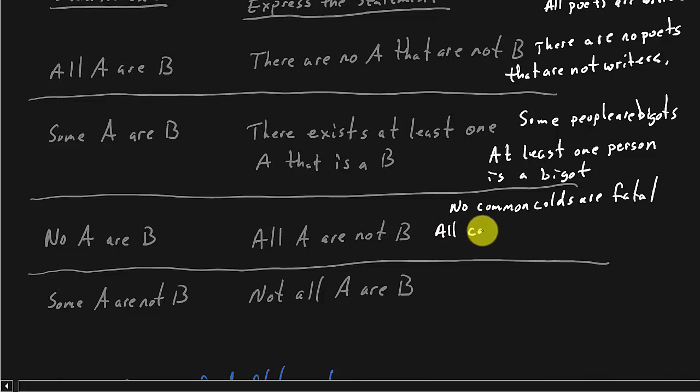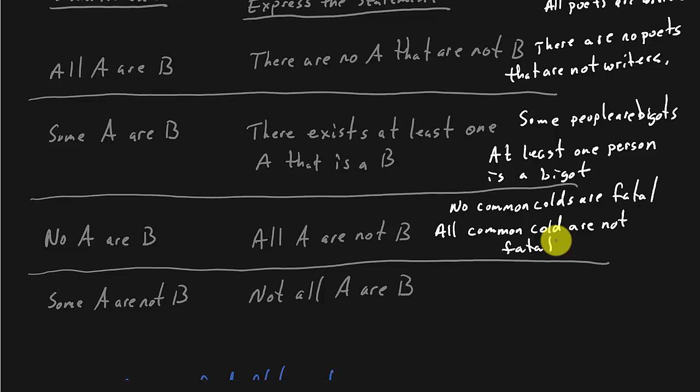All common colds are not fatal. Okay, which makes sense. No common colds are fatal, so there's not a common cold out there that's fatal. Or we could say all of the common colds are not fatal. Okay, just kind of changing where we put the no or not or something like that.